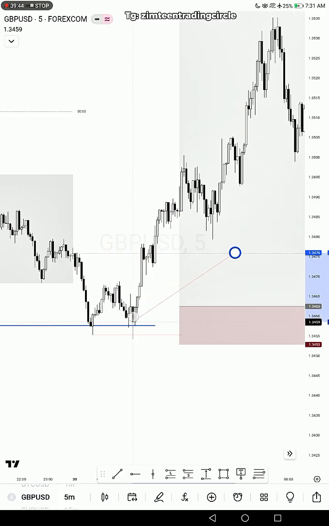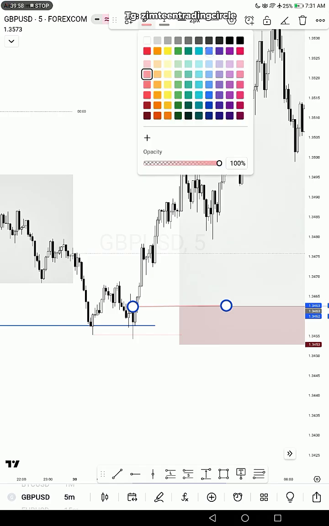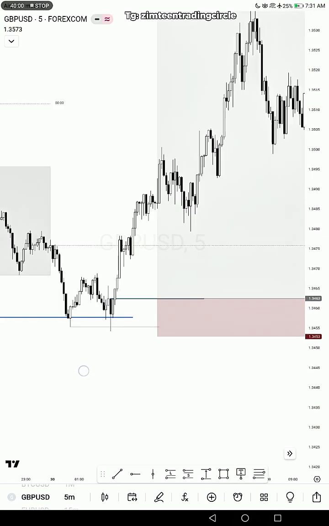This right here is our bullish order block on the 5 minute time frame. Let's make it blue and bold. Our 5 minute order block.